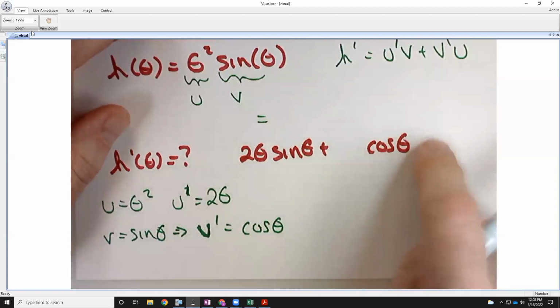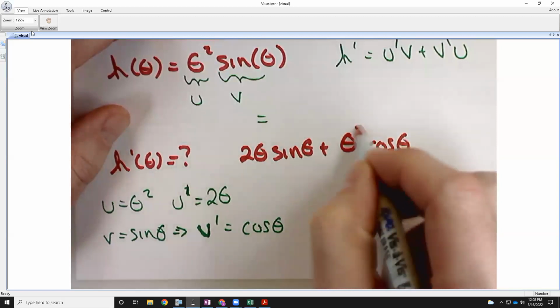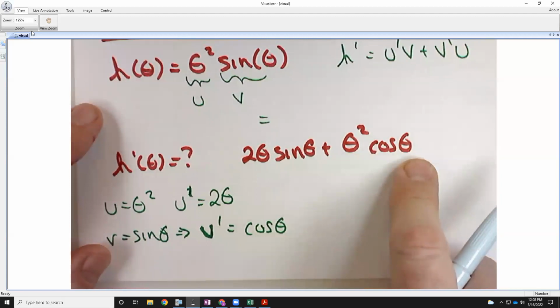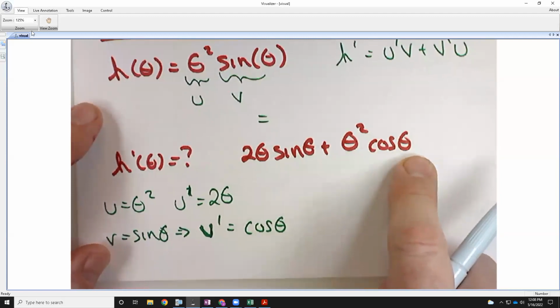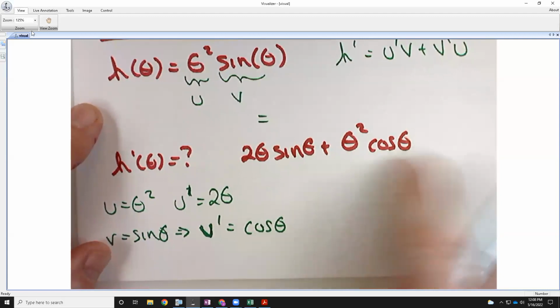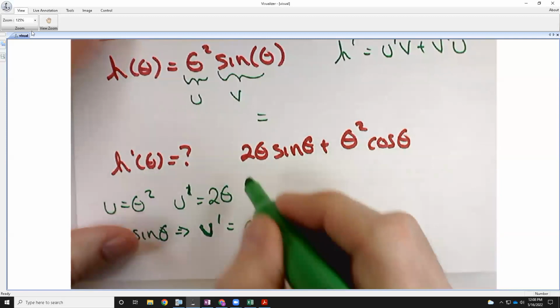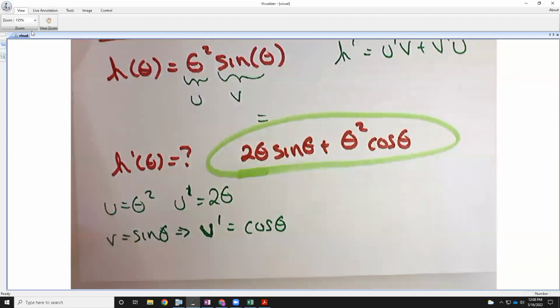I don't like writing the theta squared there. I'd rather write it here, because if I write this theta squared there, something's going to give me cosine of theta cubed. Right? You can't multiply what's here with what's there. But that's it. There you go. There's your derivative. Nice. All right. Let's keep going with some more derivatives that involve our trig functions.